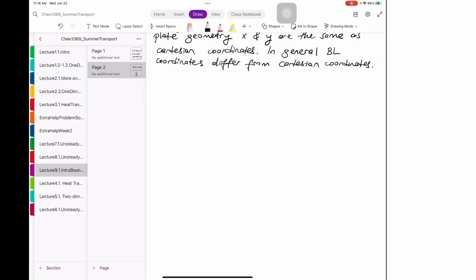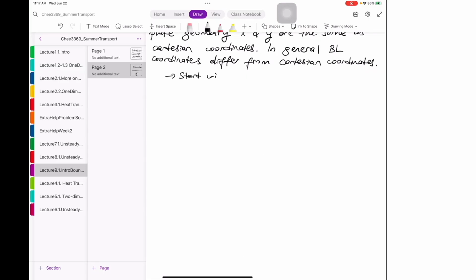So probably, as you might remember, you start with the continuity equation, you solve the continuity equation in combination with the momentum equations, x and y momentum equations. Okay, so let's start with the continuity equation, assuming fluid is incompressible, and at steady state.